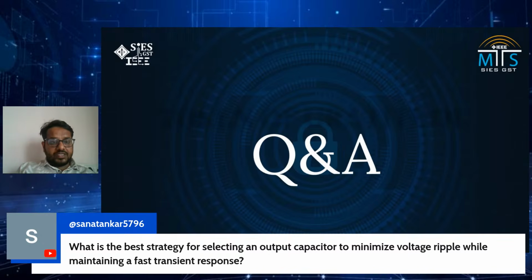But if you want to improve the transient response, you can try to increase the switching frequency. Because of that your capacitor value will be lower and your overall circuit response will be faster. But there is a trade-off to increasing the switching frequency: you will have more losses. If you can afford a higher switching frequency, then your capacitance will be lower and your transient response will be faster.